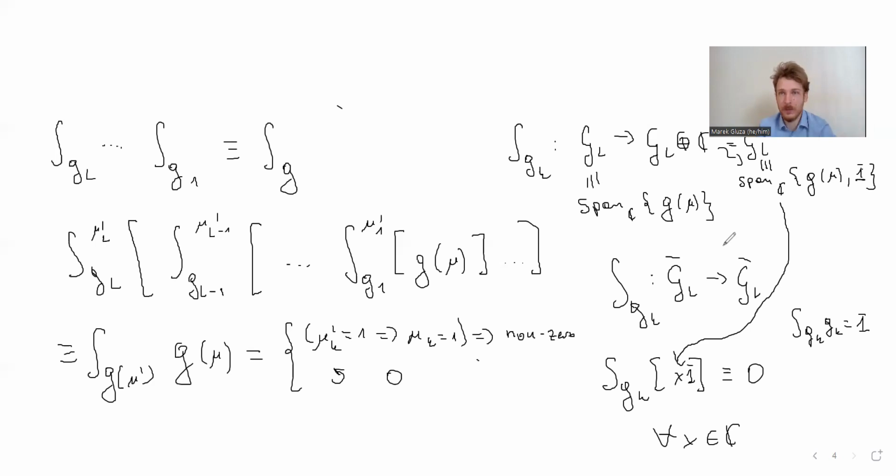Here we want to have all possible orders. So basically the image needs to be the same as the domain, which is this G_L space. And now I have something where I can meaningfully start talking about compositions.